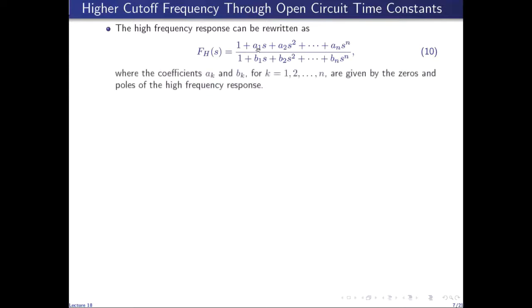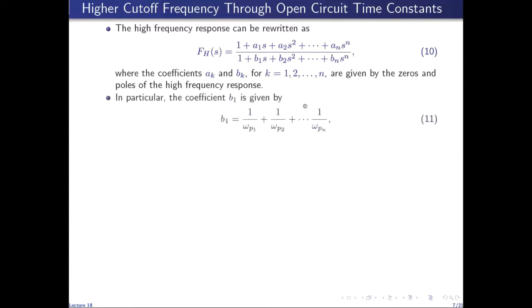So these coefficients AKs are given by the zeros of the system, because they are obtained by multiplying the n factors corresponding to the zeros of the system. Similarly, the coefficients BK in the denominator are given by the n poles of the system.